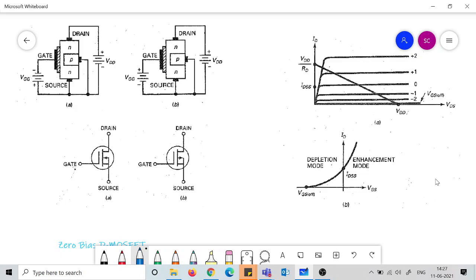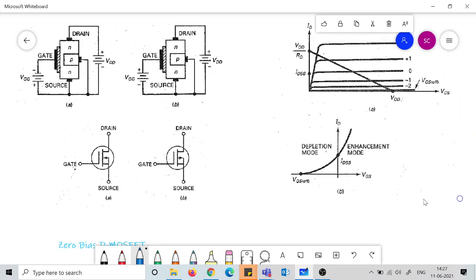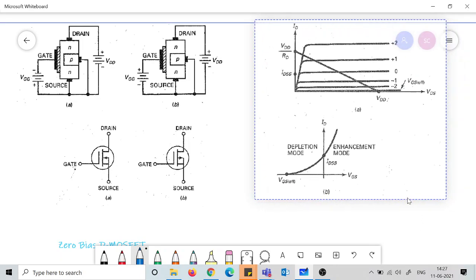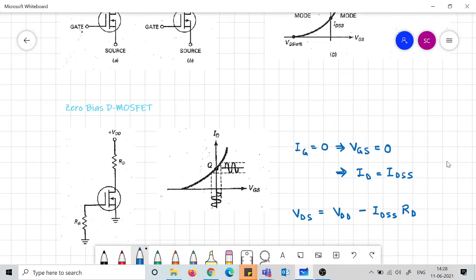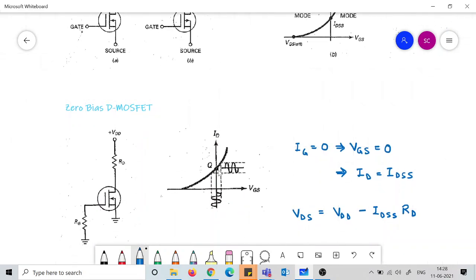But now the D-MOSFET can be set with the Q point as VGS equals to 0 and still can be used as an amplifier. Why so? As you can see, this curve is extending this way.